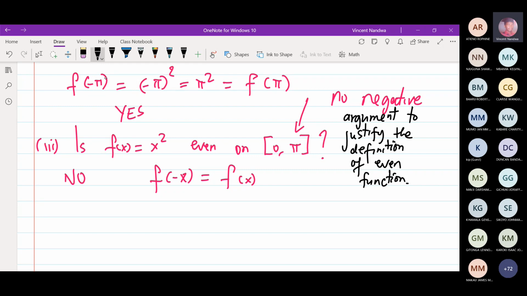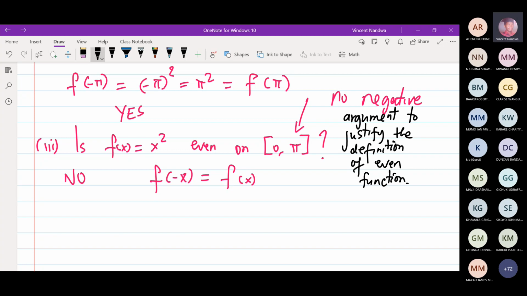So you have to be very careful before you start making general statements or general assumptions that we always know that f of x equals x squared is an even function. Be careful with respect to the domain where x should be defined.